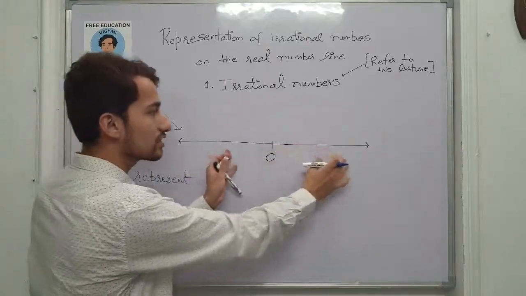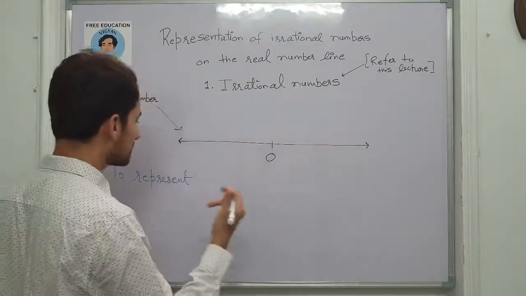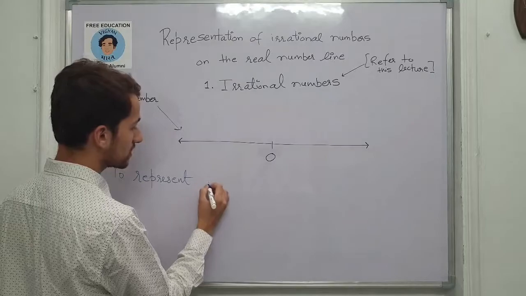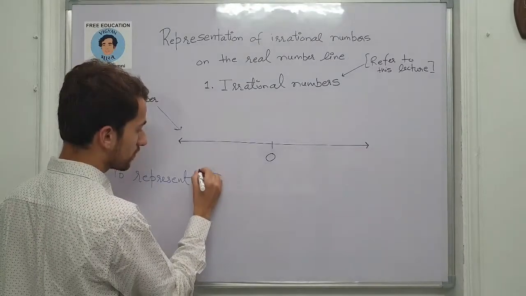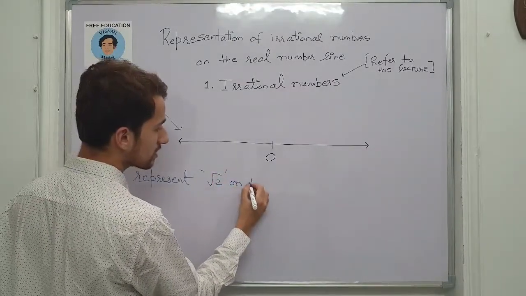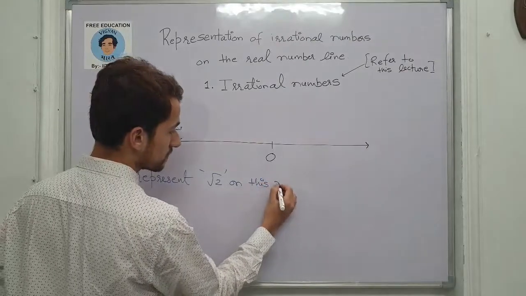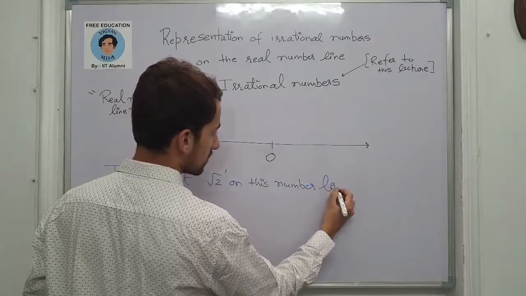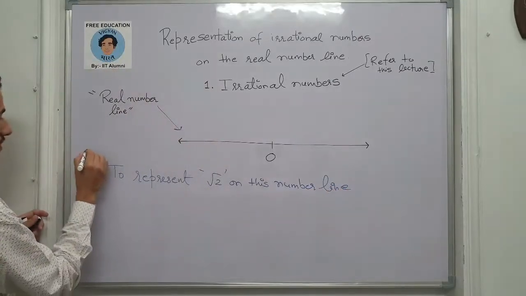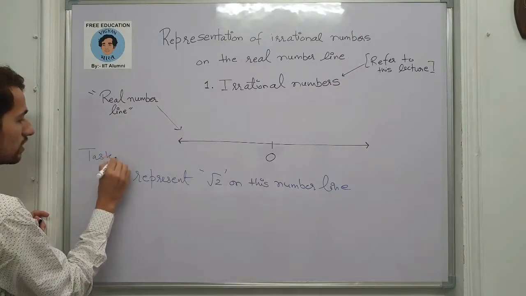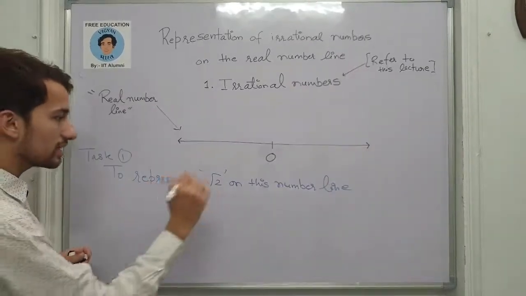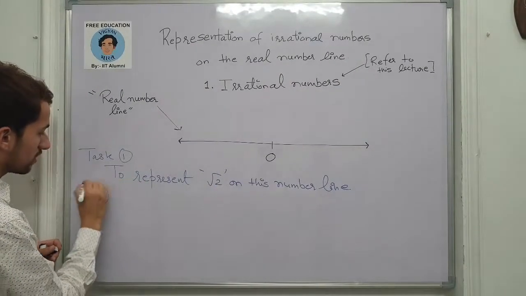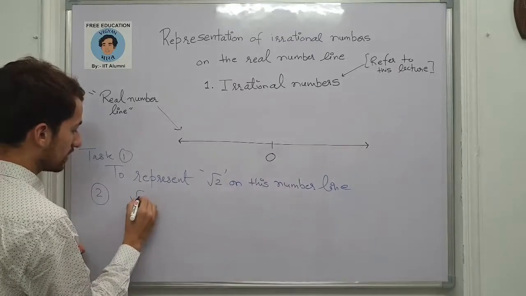Suppose you want to represent root 2 on this number line. This is the first task. After this, we'll try to represent root 3.